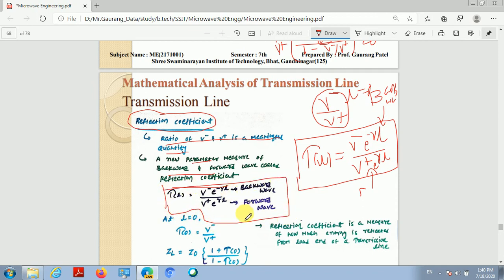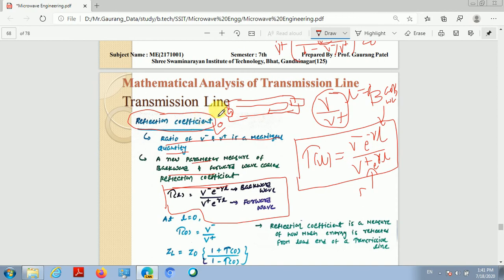Okay, and what does this reflection coefficient define? Reflection coefficient is the measure of how much energy is reflected from the load end of the transmission line. Suppose this is the transmission line, this is the generator end, and this is the load end. Whenever the energy is transferred from generator end to load end, then some energy may be reflected back, some energy will go back from the load end. So how much energy is reflected back, who gives the measurement of that?